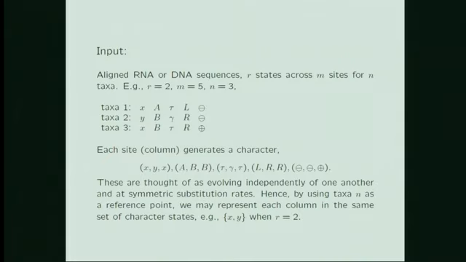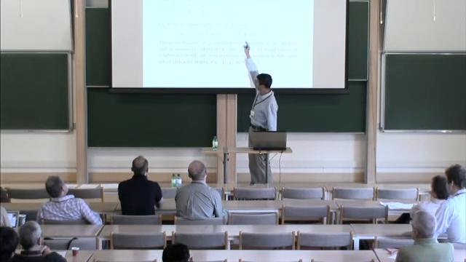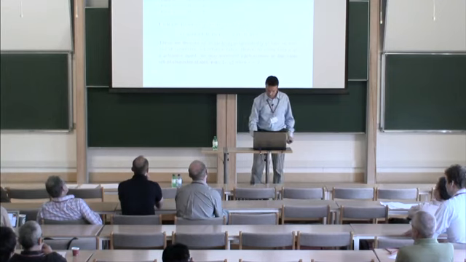So the rate at which an x turns into a y is the same as the rate at which a y turns into an x. Therefore, although the rates for different sites may be different because these are different types of sites, I can arbitrarily call the character of taxa 3 in the entire last row an x, and just flip around the other characters.